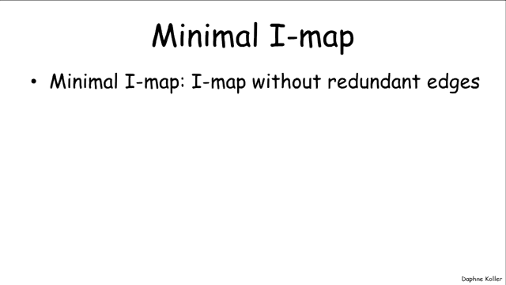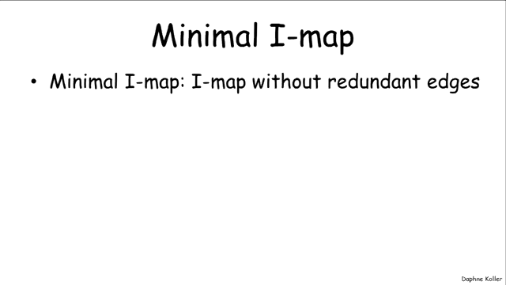So what do we want in terms of sparsity? Something that is fairly basic that we might choose to require is what's called a minimal I-map. That is, we want an I-map for the distribution P that at least doesn't have redundant edges.